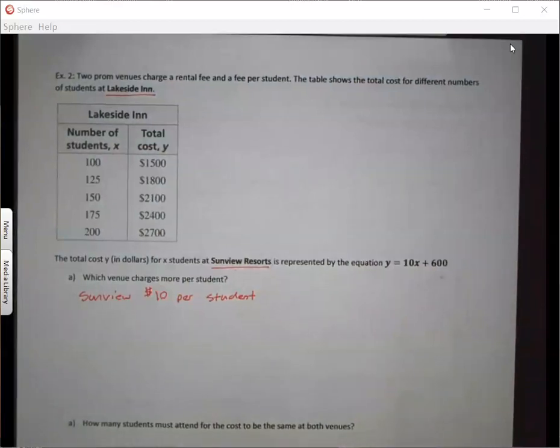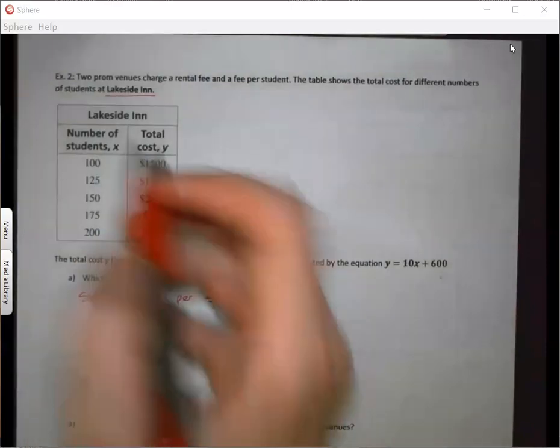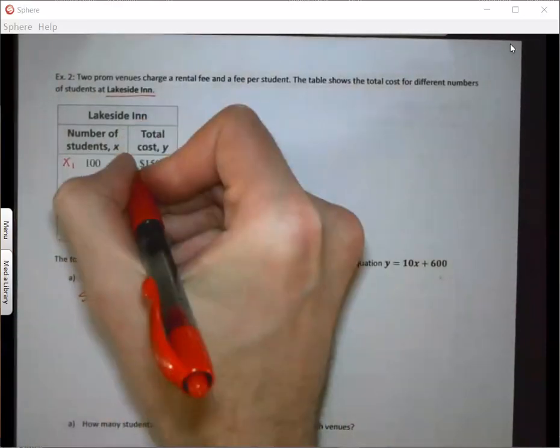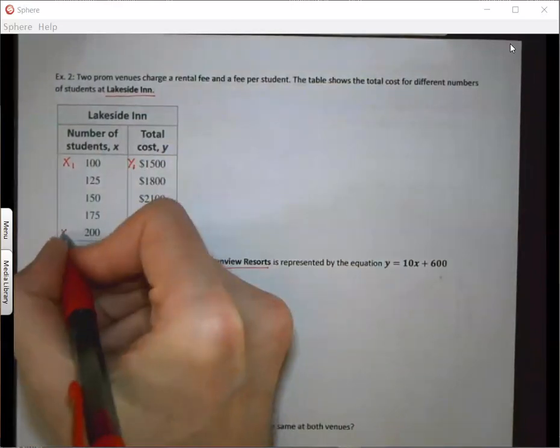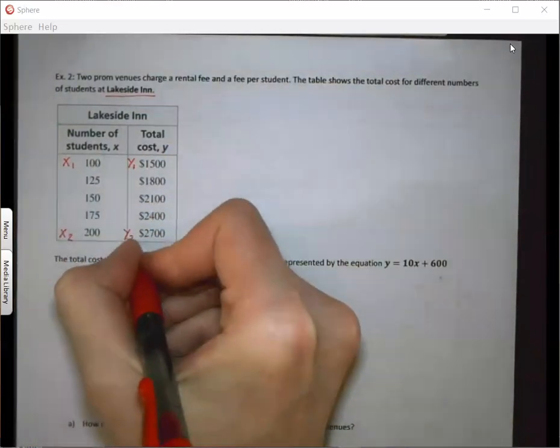And again, before we find the slope, I suggest labeling your points. So this is my first point. We'll say that's X1, Y1, and I'll choose that for my second. This will be X2, Y2.